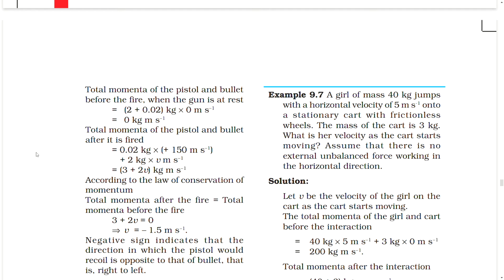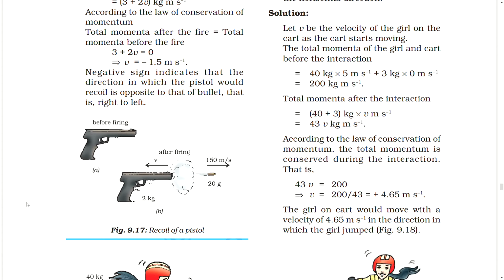According to the law of conservation of momentum, total momentum after the fire equals total momentum before the fire: 3 plus 2v equal to 0, which implies v equal to minus 1.5 meter per second. The negative sign indicates that the direction in which the pistol would recoil is opposite to that of the bullet, that is, right to left. Figure: A, before firing; B, after firing, recoil of a pistol.